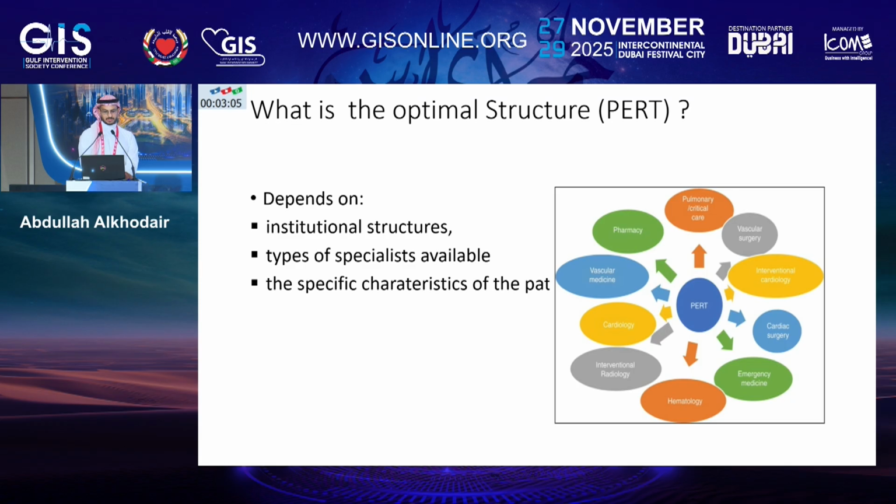So what is the optimal structure of the PERT team? There is nothing called optimal, because it really depends on what resources you have in your hospital. So it depends on the infrastructure that you have, the types of specialties, and most importantly also, as we saw yesterday, who is interested to join that team. So it could include people like interventional cardiology, cardiac surgery, ER, hematology, pulmonologist, and an interventional radiologist, to name a few.